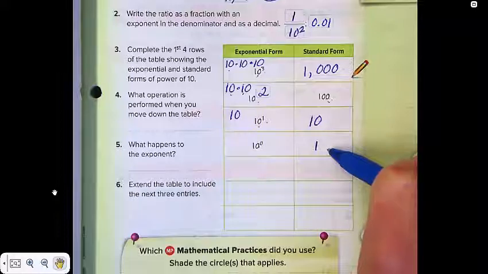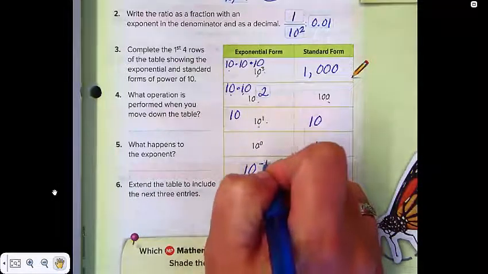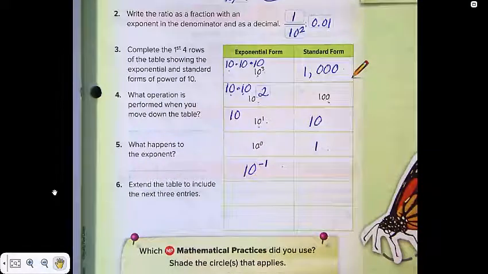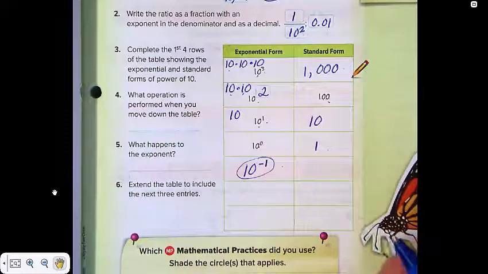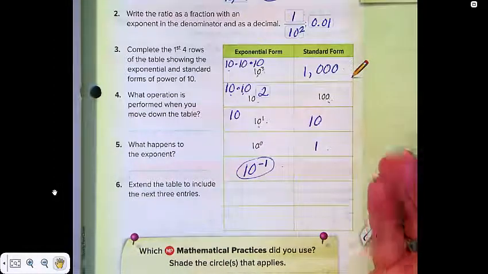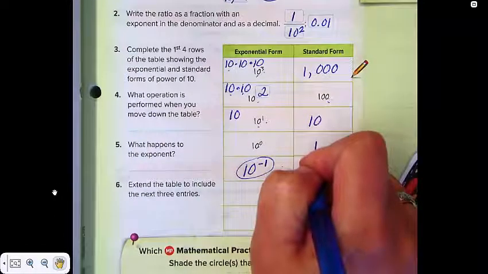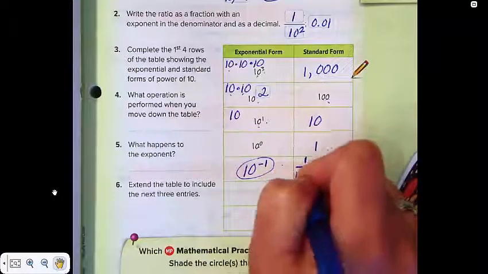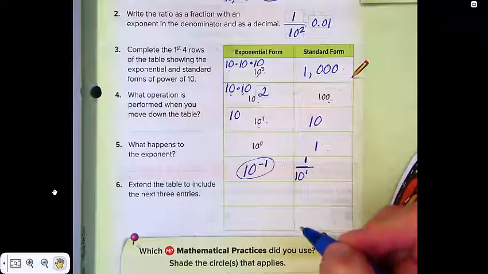Okay? So now, what if I had a 10 to the negative 1 power? All that means is that you're going to now turn this into a fraction or a ratio. And it's going to be 1 over 10 to that power. So to get rid of the negative exponent, it becomes 1 over 10 to the first power.